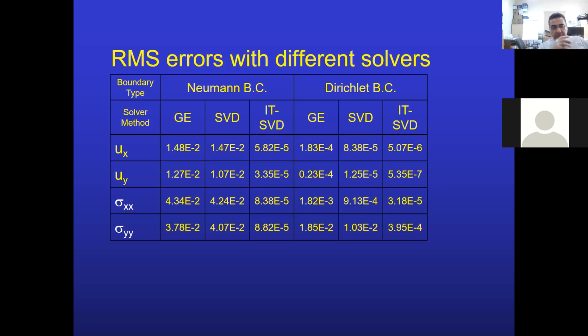Same thing with the displacement in the y direction. Also you have good errors with the compression stresses, and it depends on the solver too. So if you use Dirichlet on the compression stresses, you see almost 100-fold, 50-fold improvement in the estimates. Next slide.